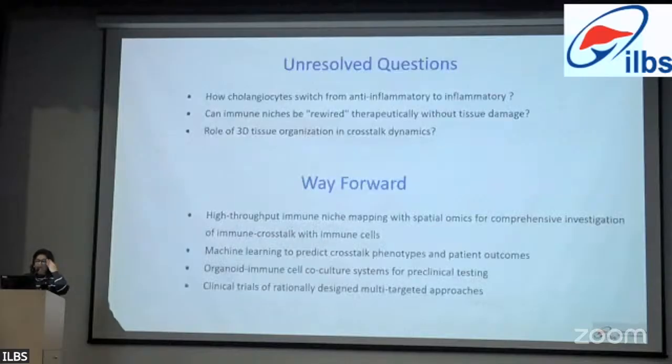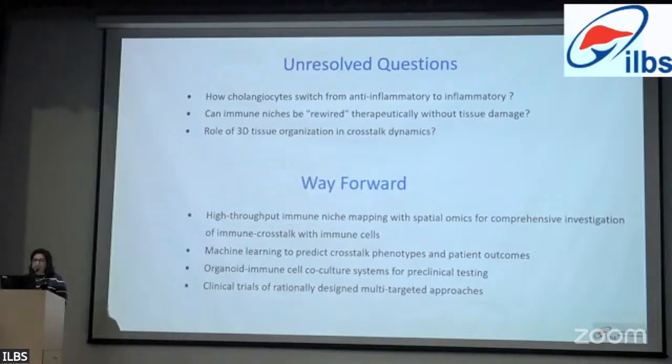But there are many unresolved questions, such as how the cholangiocyte switches from an anti-inflammatory state to an inflammatory one. Can this immune niche be rewired for therapeutic purposes? And this 3D tissue organization crosstalk can be investigated.